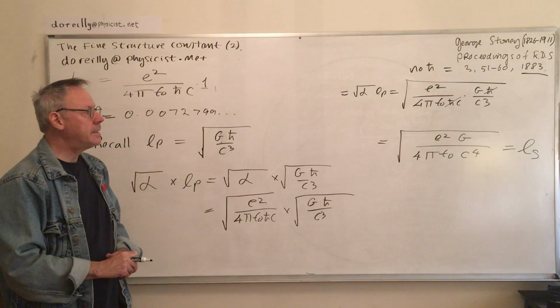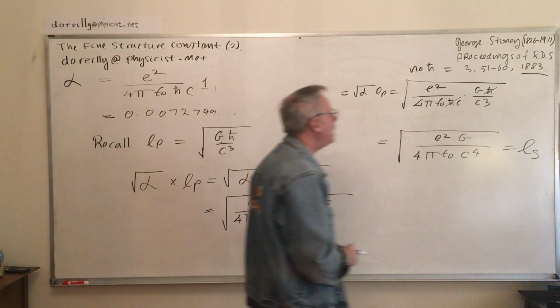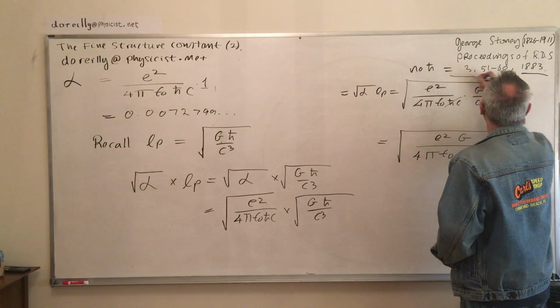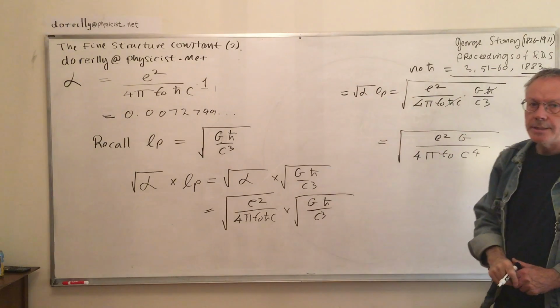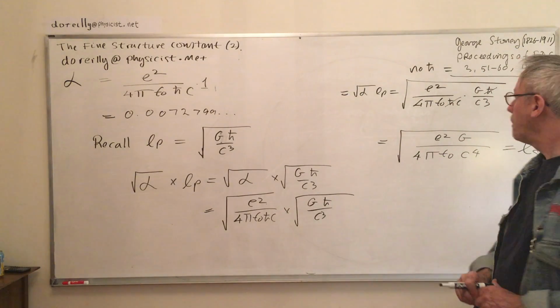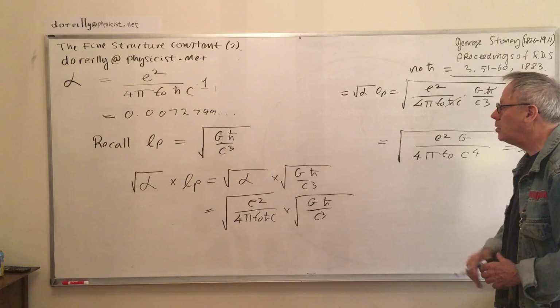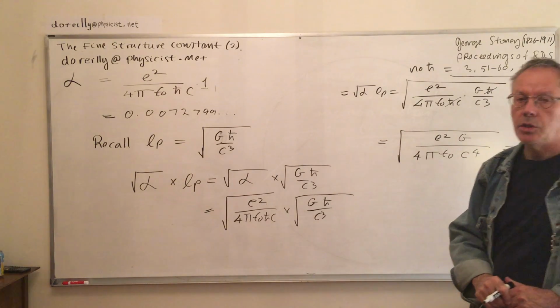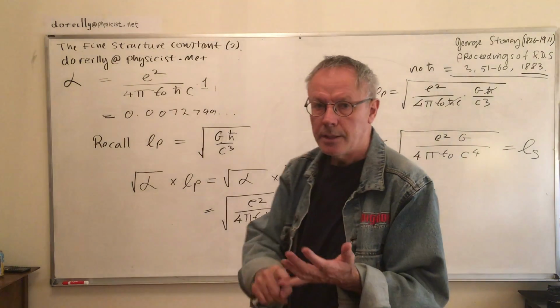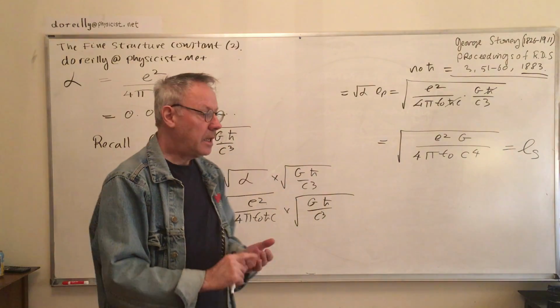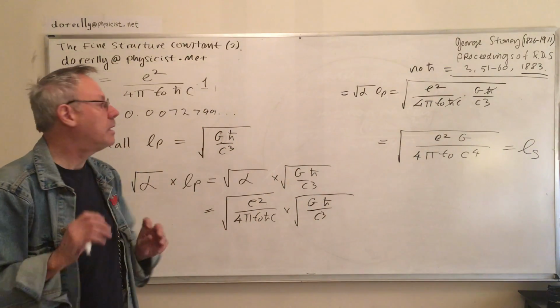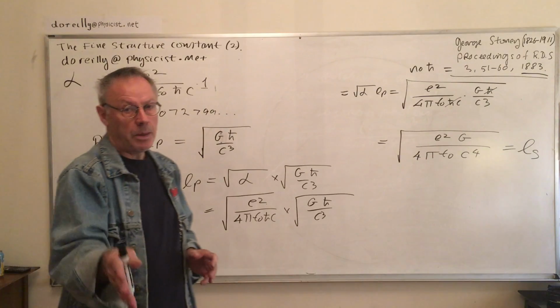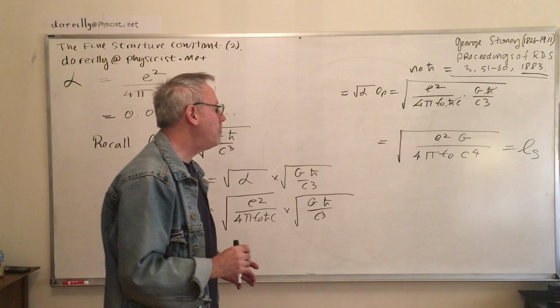George Stoney, before his time, in 1883, in the Proceedings of the Royal Dublin Society, published this little paper where he talked about Stoney units. I'm going to do a whole set on units, because we can get the Stoney time, the Stoney mass, and Stoney charge, units of everything which are Stoney, before the Planck units, and they're just as fundamental.